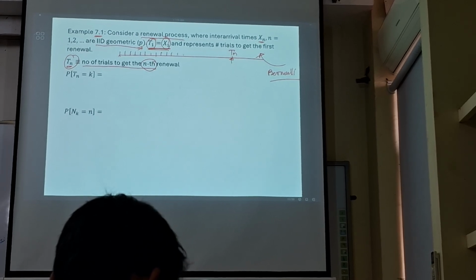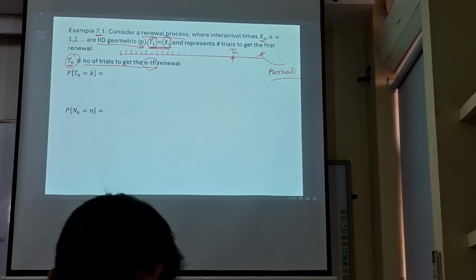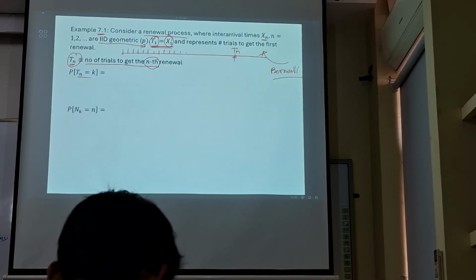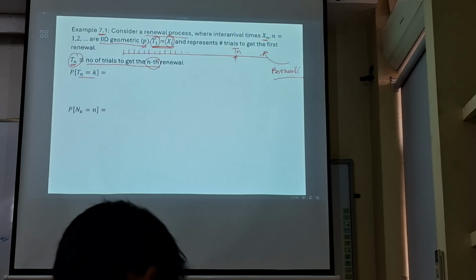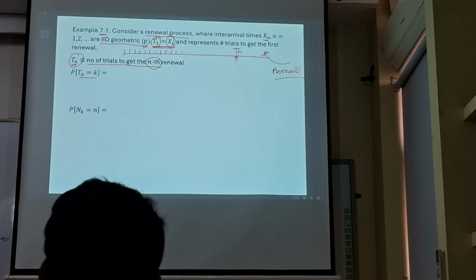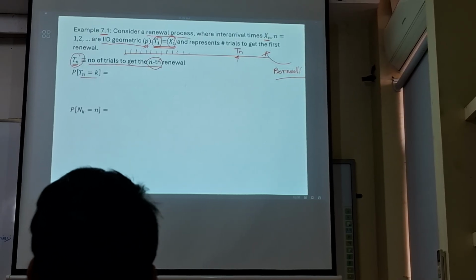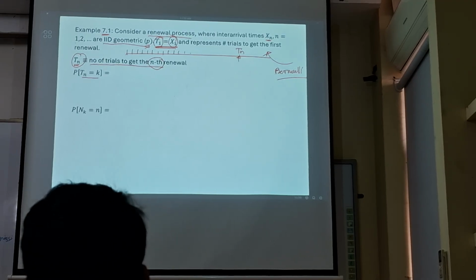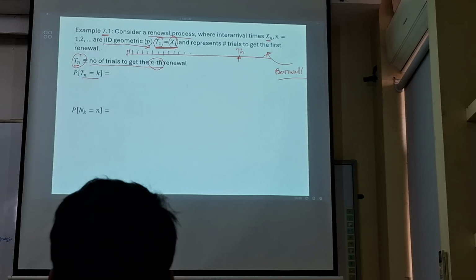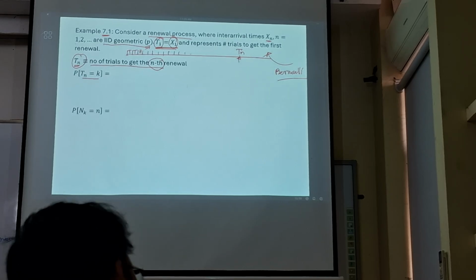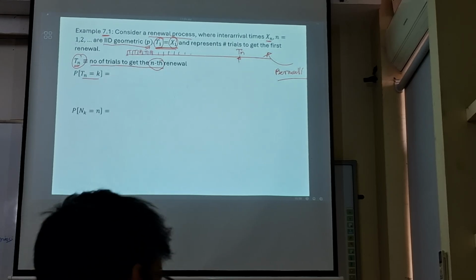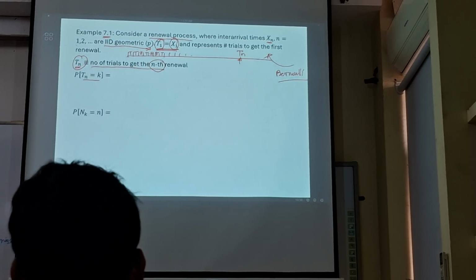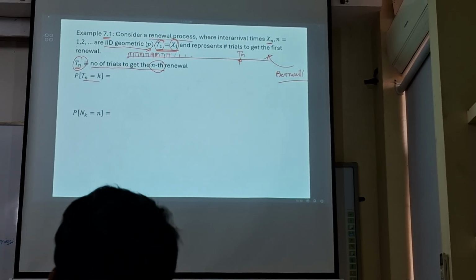So if this is the case, then we need to find out what is the probability that N equal to k. Who can say? For example, you are tossing: tail, head, tail, head, tail, two successive tails and head, right?